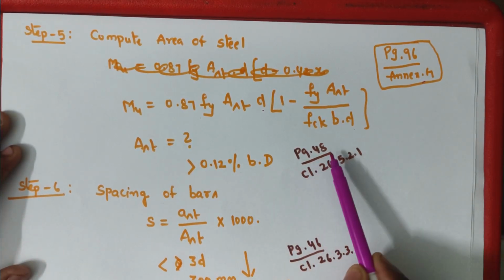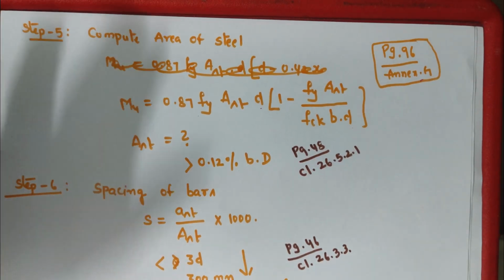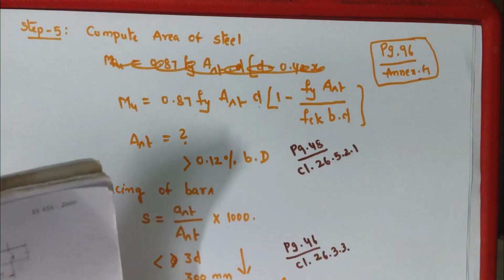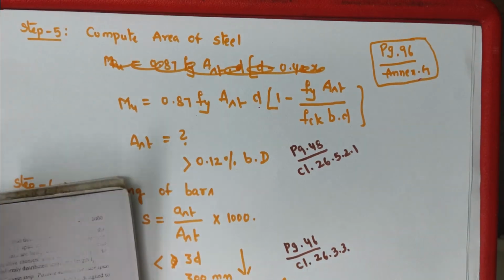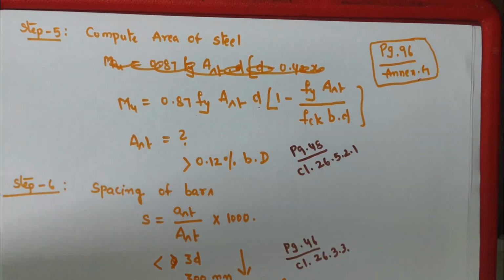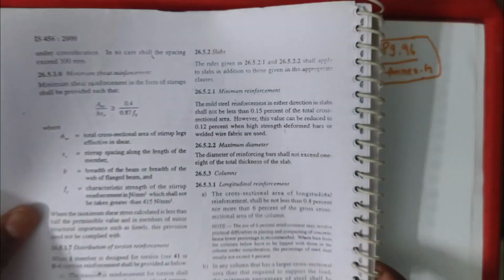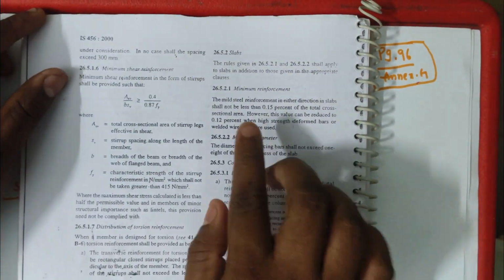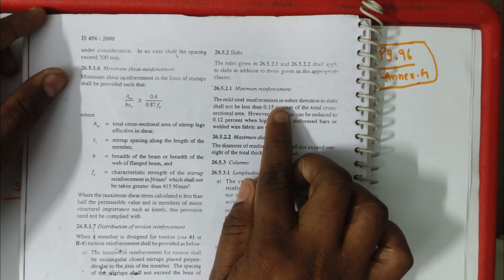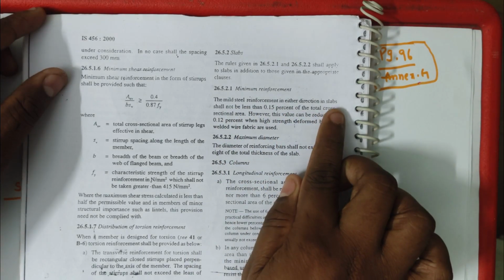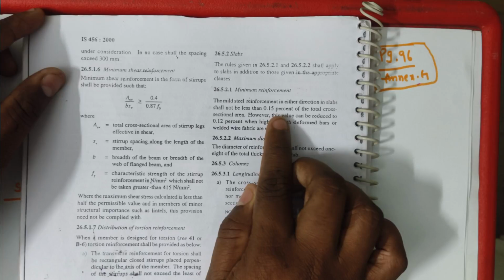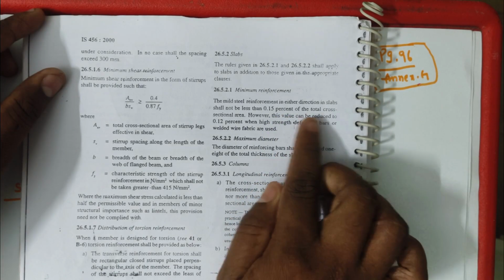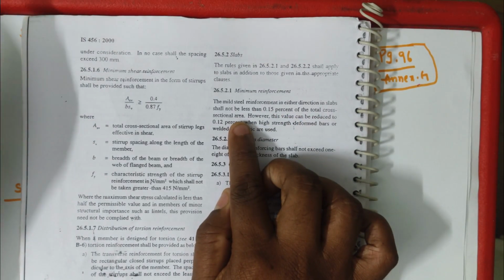This statement is on page number 48. I will show you that statement. Minimum reinforcement in either direction in slabs shall not be less than 0.15% of total cross-sectional area for mild steel.